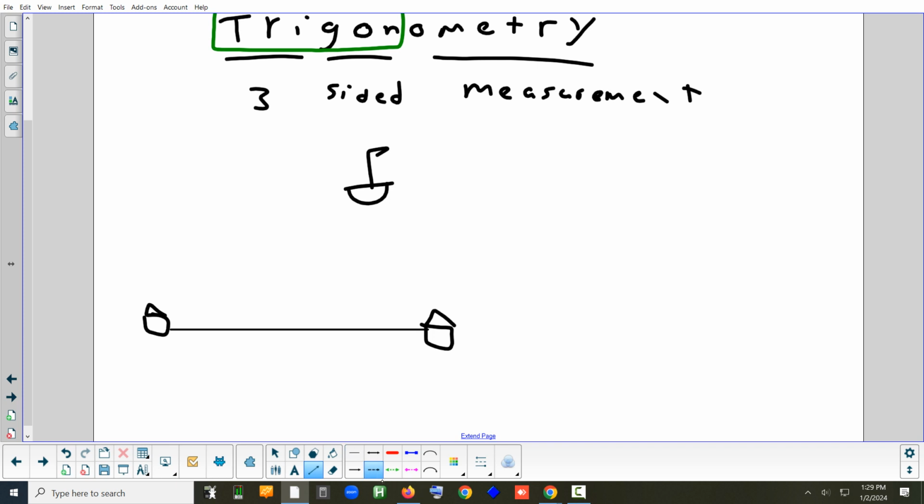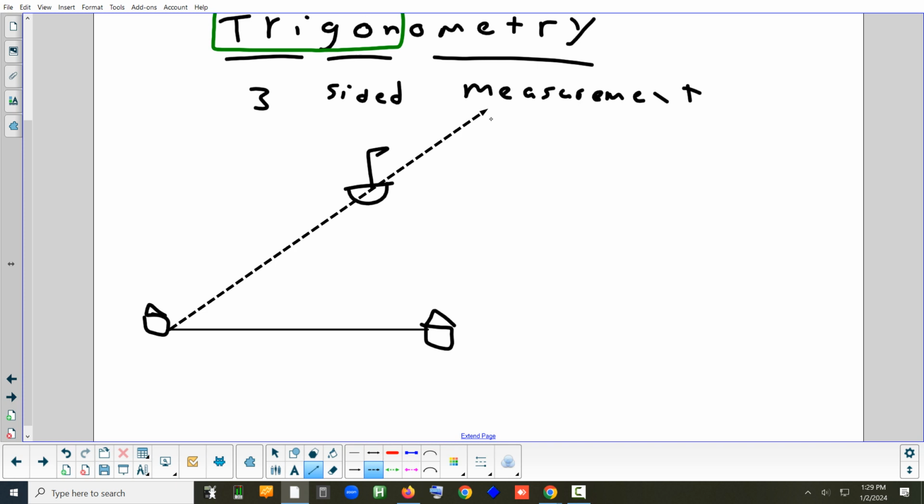The other thing you need is for each observer to tell you what direction they see the boat in. Usually that would be a compass heading. So maybe the station on the left can see the light on top of the boat and the compass heading is like 40 degrees east of north, so it's roughly northeast.